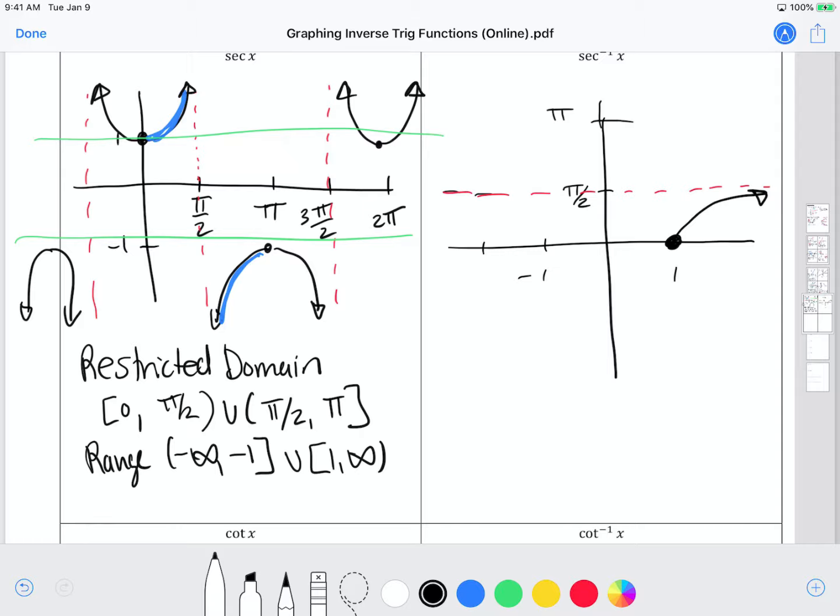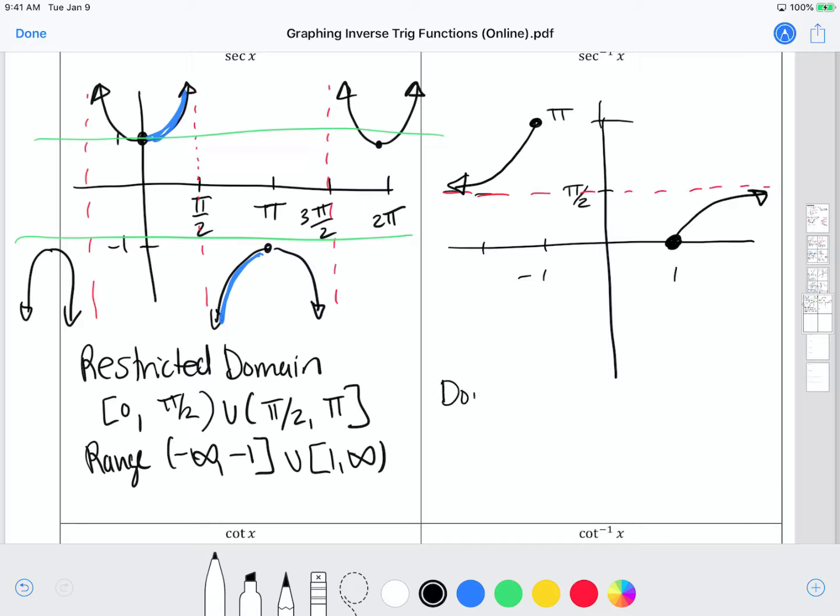And we also have the point pi, -1 on the mother function. So we're going to have the point -1, pi on the inverse. And then it's got to flatten out at the horizontal asymptote. So this is what the inverse secant graph looks like.